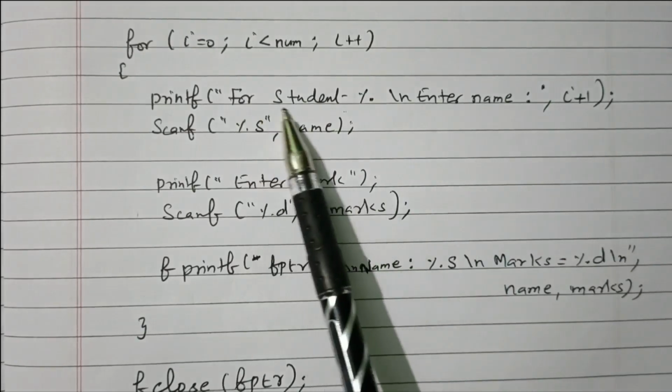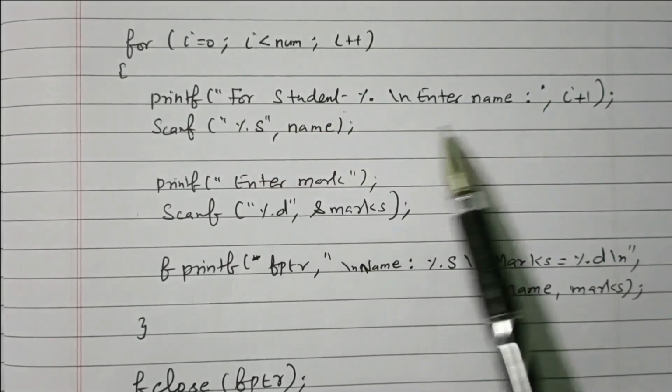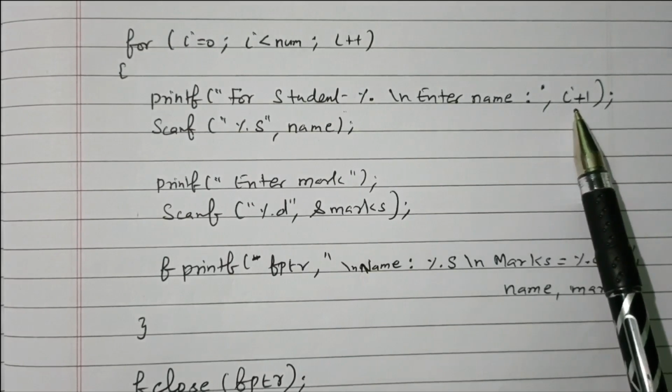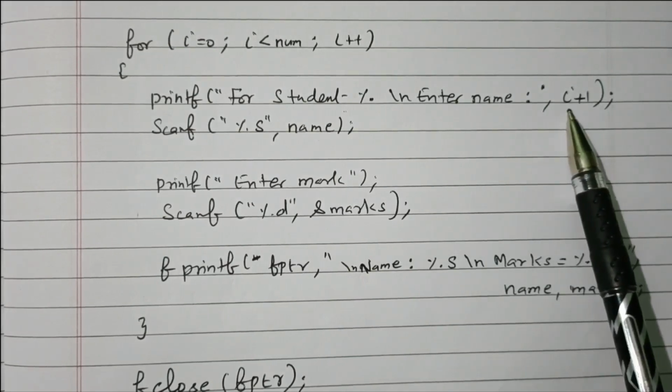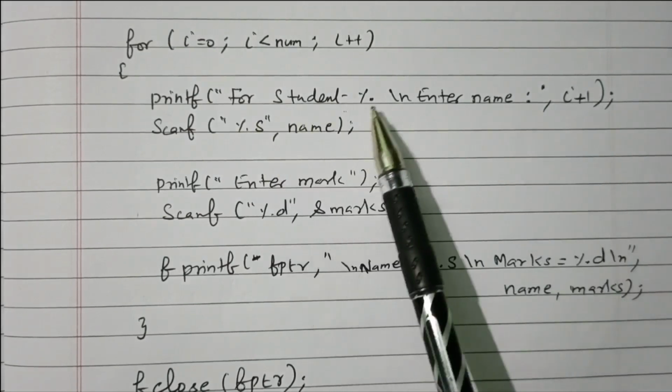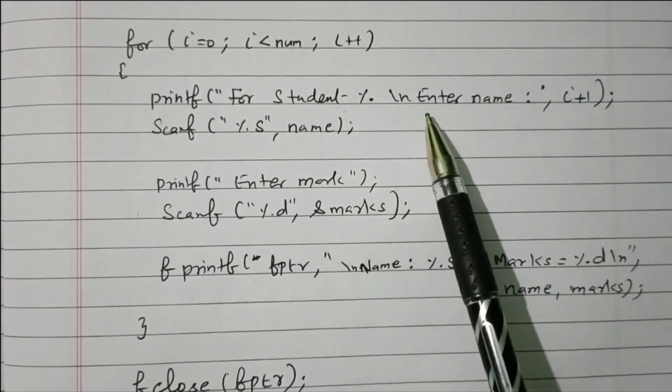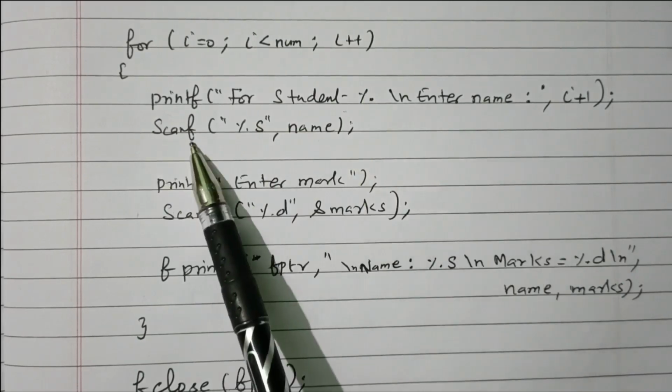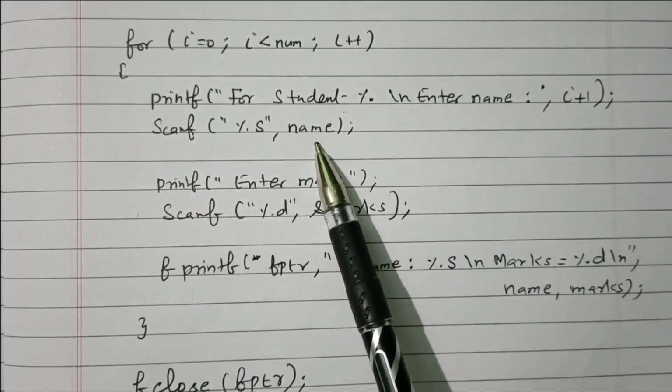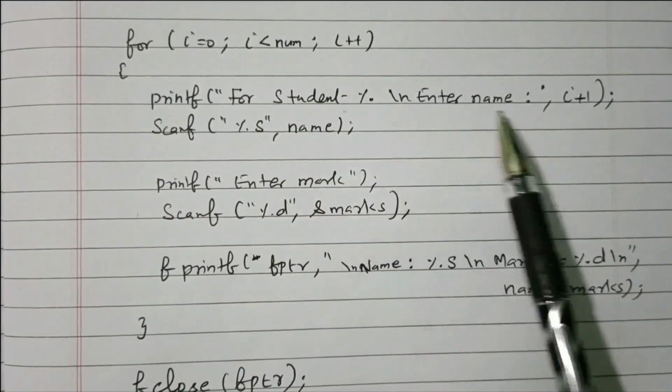The %d refers to i plus 1. When i is 0, 0 plus 1 means 1, so for student 1 it will print 1. Enter name, then scanf %s with name. This percentage here refers to the i value.